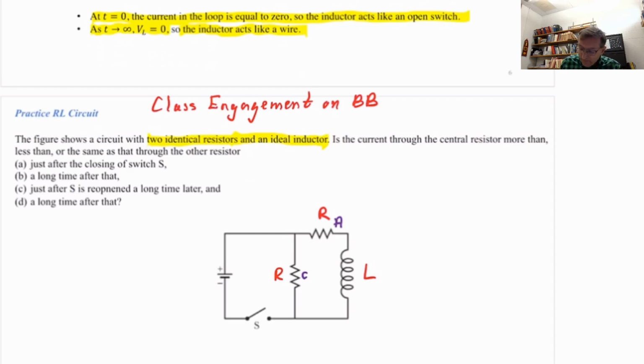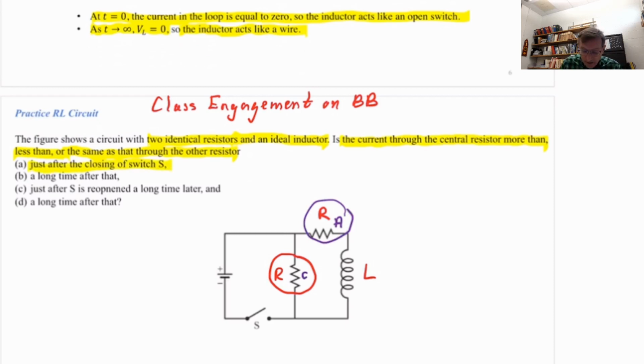Here's the question. Is the current through the central resistor more than, less than, or the same as that through the other resistor, A, just after closing switch S? Right?